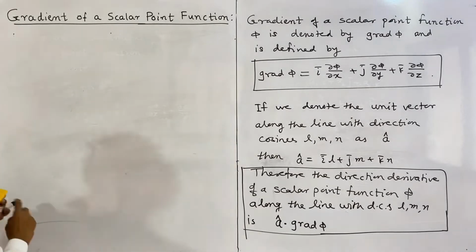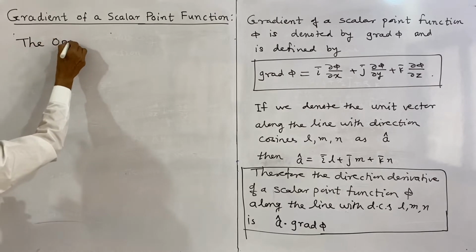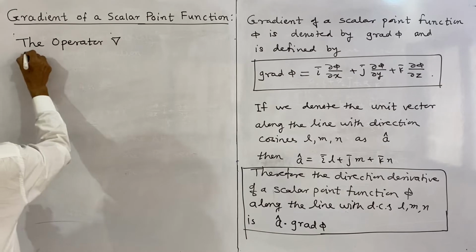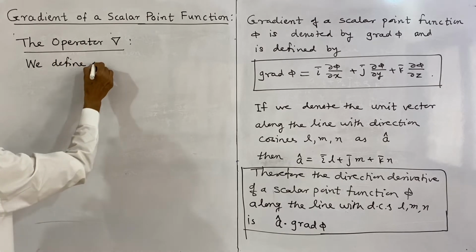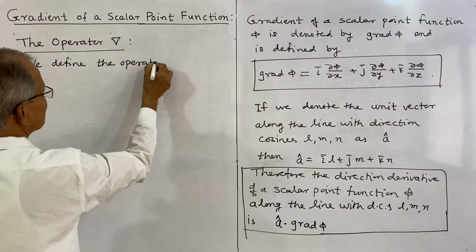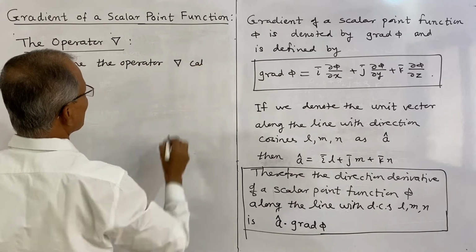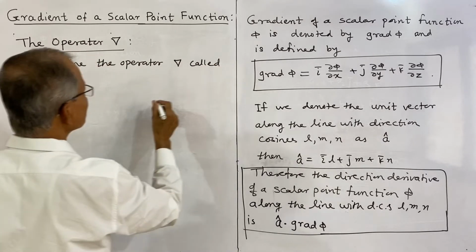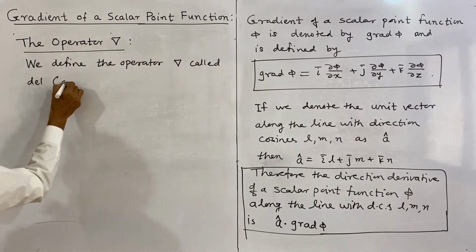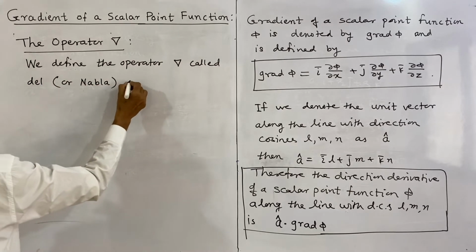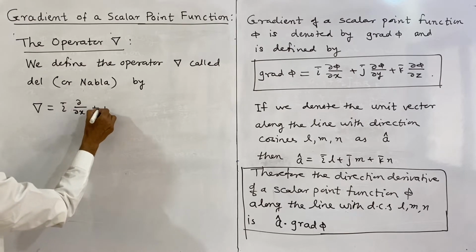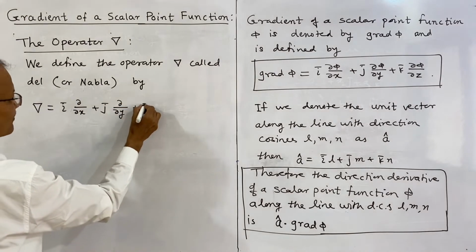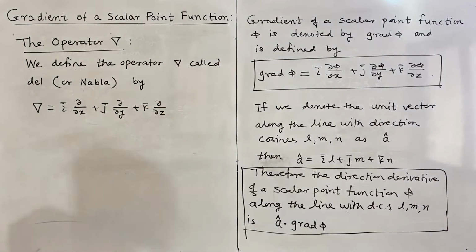That is the operator del. We define the operator called del, or sometimes it may be called nabla, by del equals i dou by dou x plus j dou by dou y plus k dou by dou z, where i, j, k are the usual unit vectors along the coordinate axes.